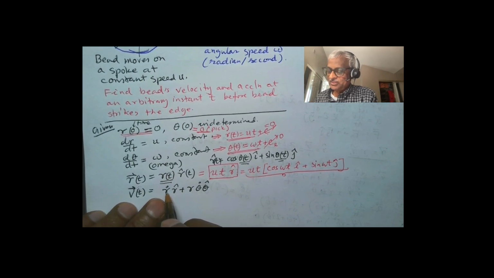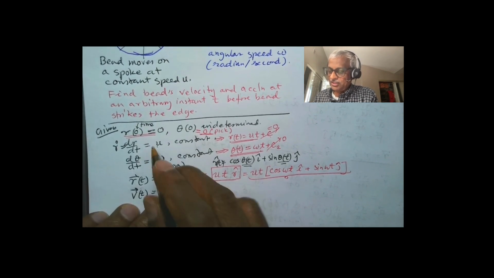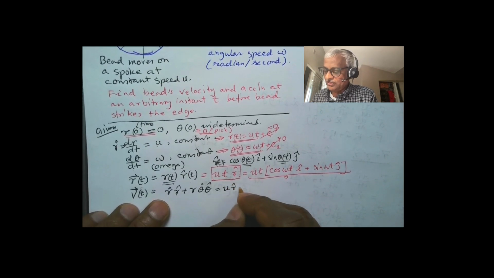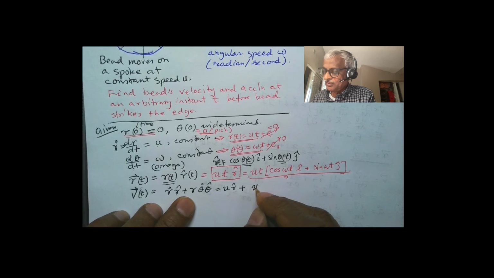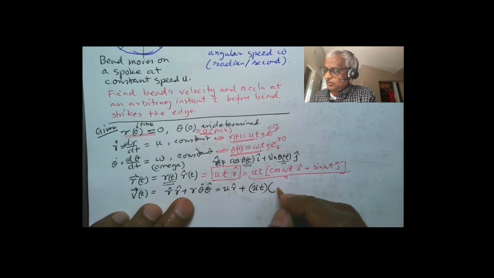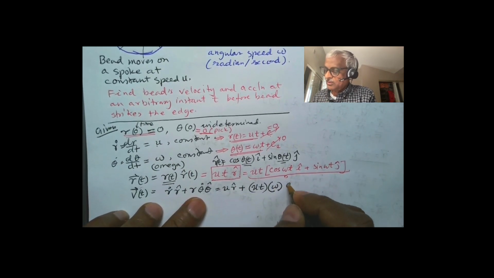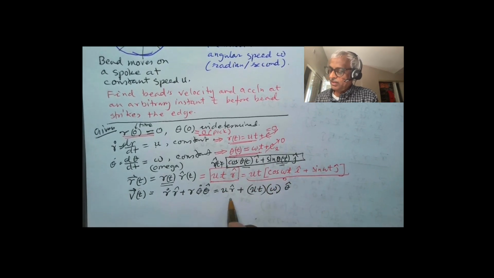So r dot is u, so u r hat plus r, which we already figured out was ut, times theta dot, which is omega, theta hat. It looks very simple here. Of course for r hat I could write this, and for theta hat we could write it in i hat and j hat also, but we can just leave it in the polar coordinate.